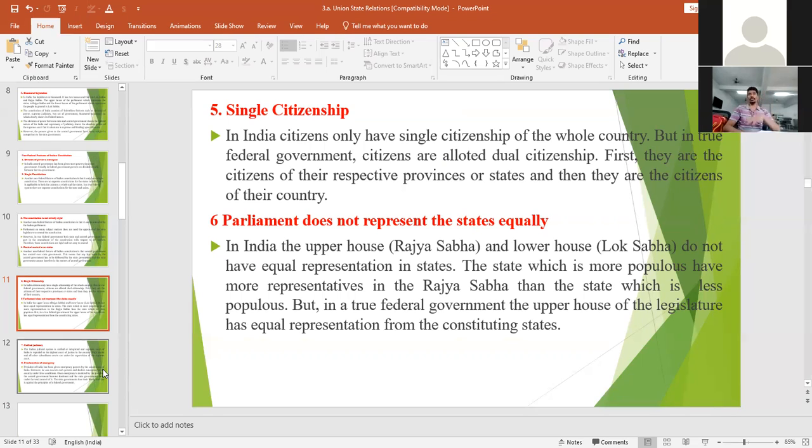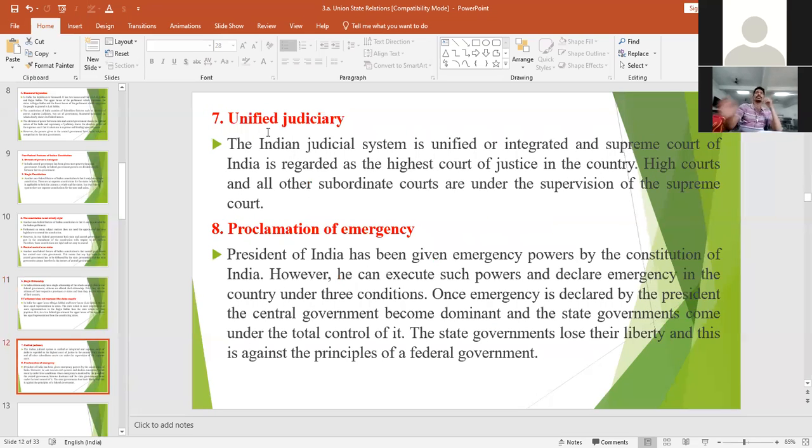But in a true federal government, the upper house of the legislature has equal representation from the constituent states. Here the situation is different: the large states have more members and the small states have fewer. So the Parliament does not represent the states equally, and this is also not a federal feature. That is why the Indian Constitution is a non-federal constitution.